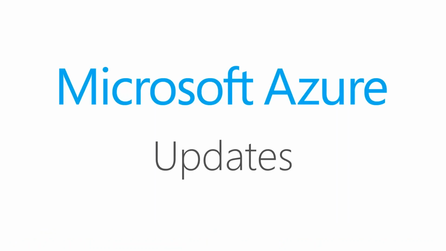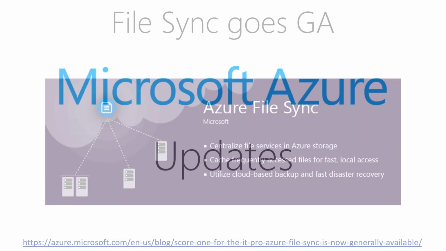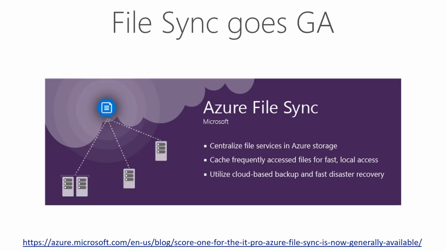Not only has Office 365 been updating, we've also seen some major updates in the Azure platform as well. The first one is that Azure File Sync has gone general availability. Azure File Sync gives you the ability to put an agent on an on-premises file server to be synchronized up to Azure File Store, and then synchronized to other on-premises file servers.